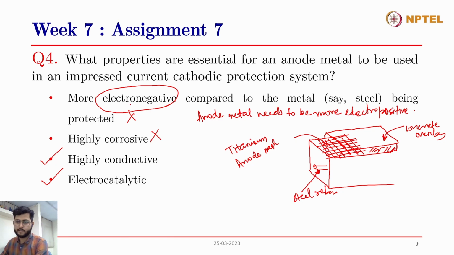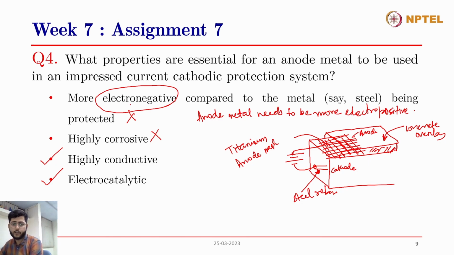This is connected to the positive terminal, and this is connected to the negative terminal. So this draws the electrons, and this acts as the cathodic site, and this acts as the anodic site. Since there is a concrete overlay on top of the titanium mesh, it will be difficult to replenish or replace that mesh frequently.